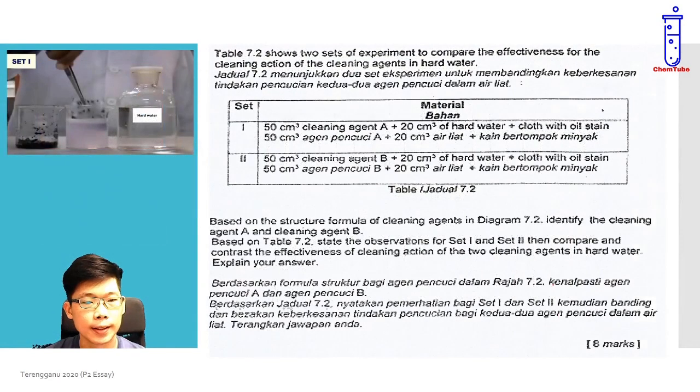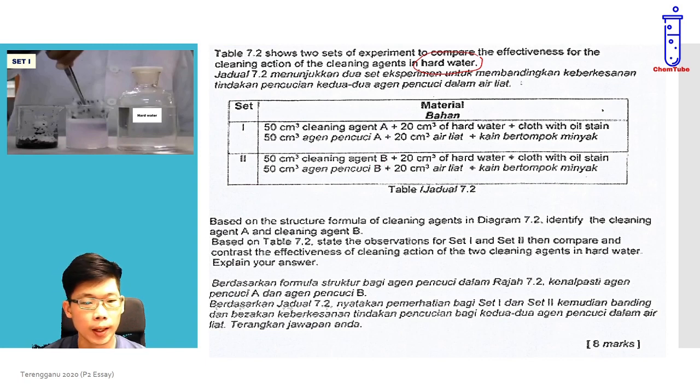Next, you are given 2 sets of experiments to compare the effectiveness of the cleaning action of the cleaning agents in hot water. You are given set 1 and set 2. Cleaning agent A just now is detergent and B is the salt.